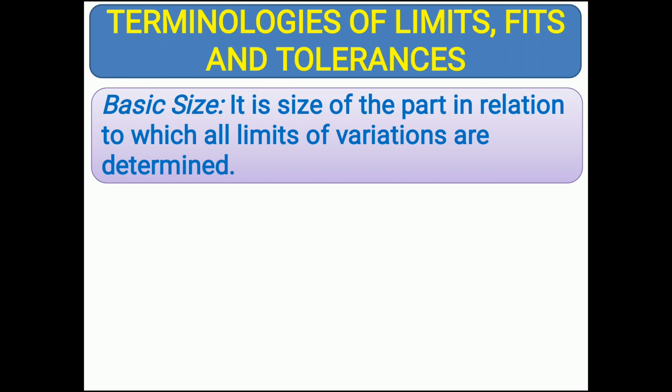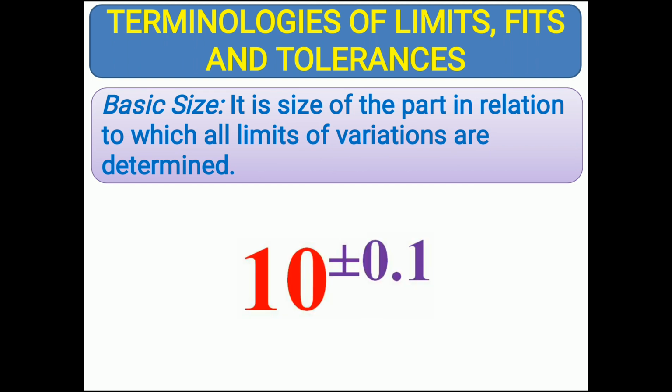So next is basic size. Basic size is the size of the part in relation to which all limits of variations are determined. Suppose here is a dimension of a part, 10 plus or minus 0.1. Here 10 is the basic size, and with respect to this the tolerance is given, plus 0.1 and minus 0.1.